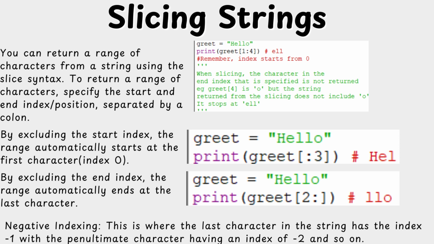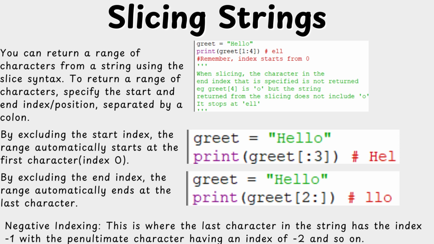Now there's something called negative indexing, and this is where the last character in the string has the index of -1, with the penultimate character having an index of -2 and so on. So if you don't know what the index of the last character in the string is, so let's say hello or anything in the string, but I don't know what the length is, so I can't tell what the index of the end of the string is.